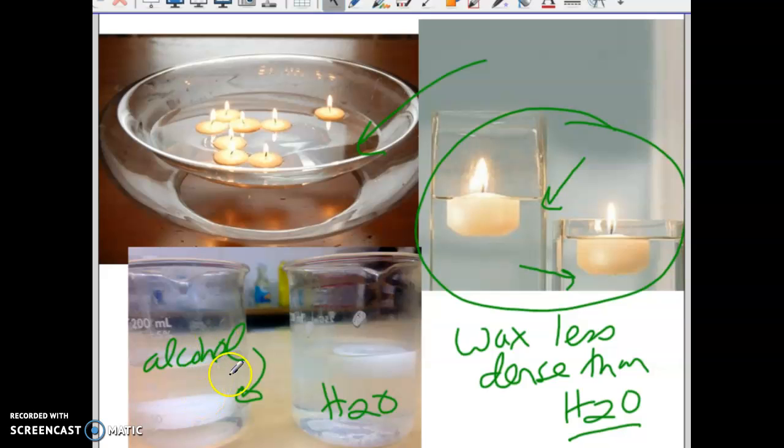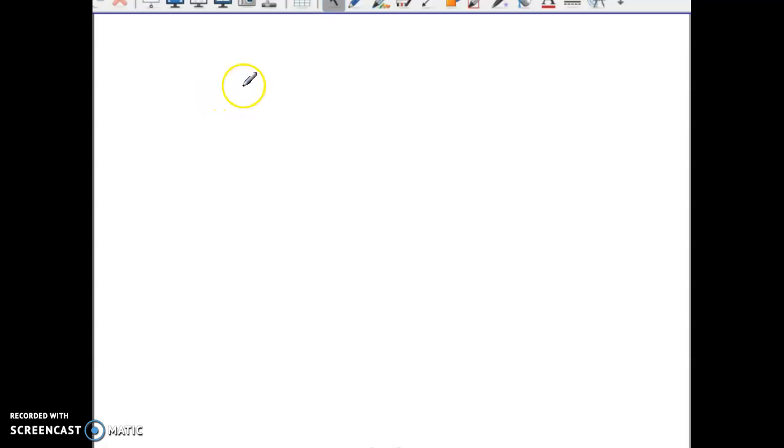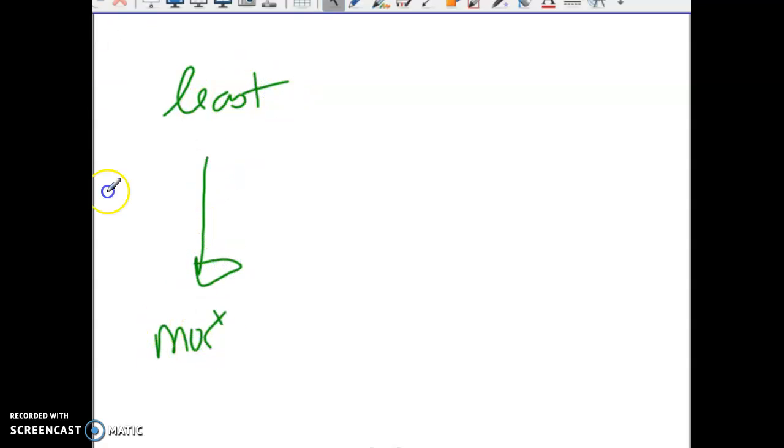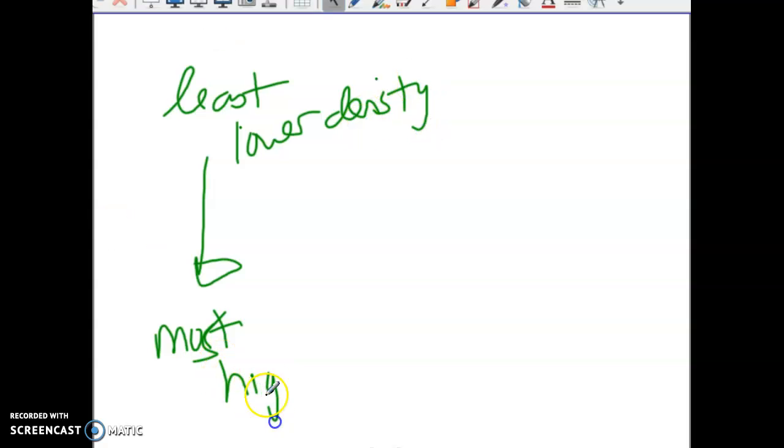When you see different comparatives like this, we can start to rank the different densities. Let's do it from least to most, so least compact to most compact, or lower density to higher density.